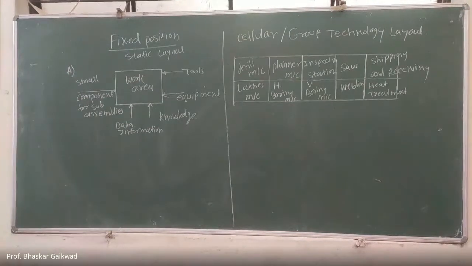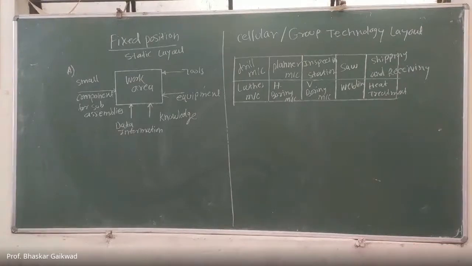And after this, we are required to change each and everything in the process. So the heat treatment shop, our workshop, forging shop, press shops: these are examples of this process layout or functional layout.